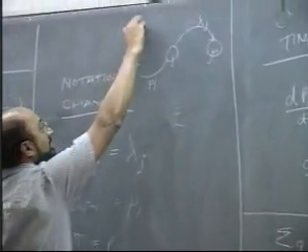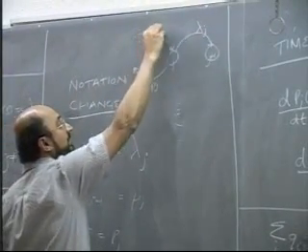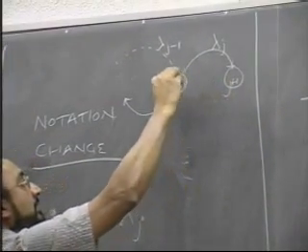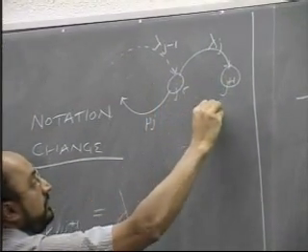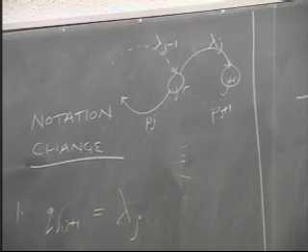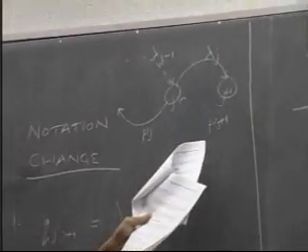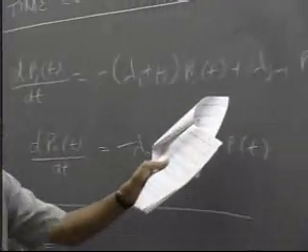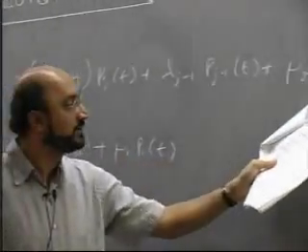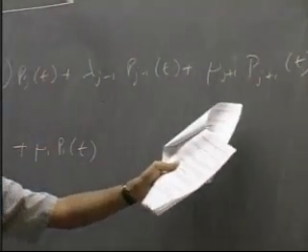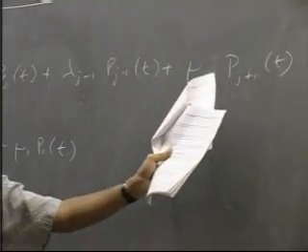Let me use a dashed line. So you come in at lambda_{j-1}, and you enter from here at mu_{j+1}. Those are the two arcs entering the state. So the total arcs entering the state are nothing more than mu_{j+1} and lambda_{j-1}. And what we're saying here is mu_{j+1} p_{j+1}(t). This is the rate at which you enter, and this is the probability of being in j plus 1 in the first place.